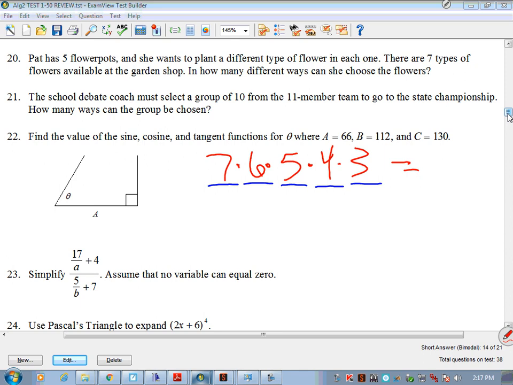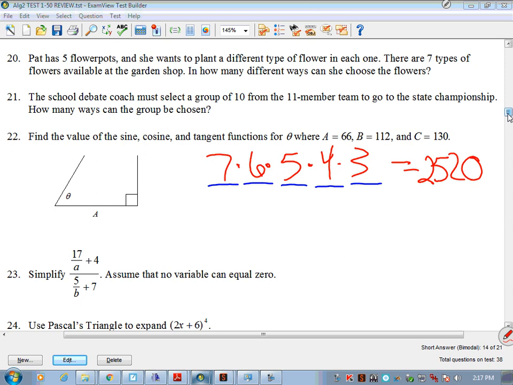No way. All right, what is 7 times 6 times 5 times 4 times 3? I think I disagree with their answer here. 2,520 ways. If there are 5 flower pots and 7 different types of flowers available at the garden shop, how many different ways?